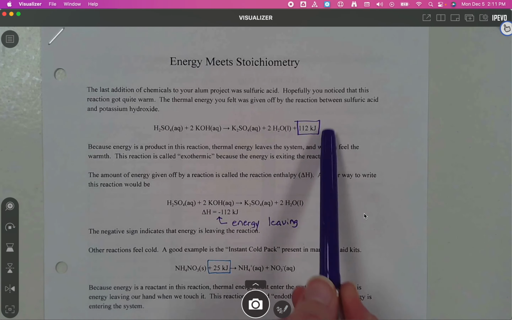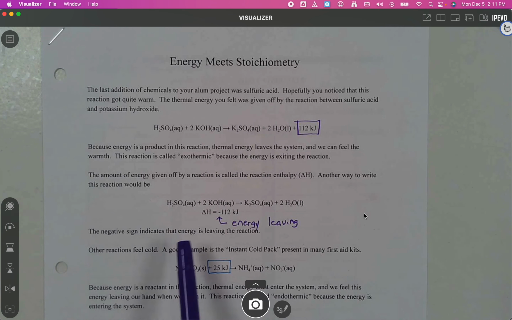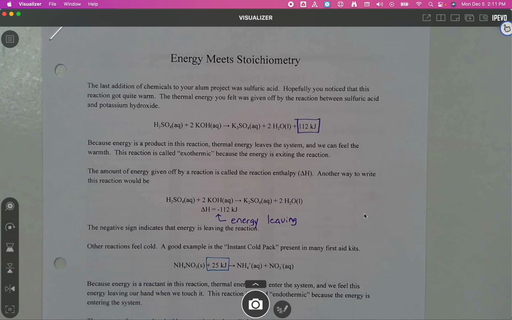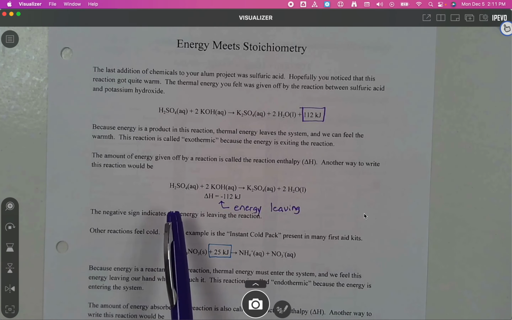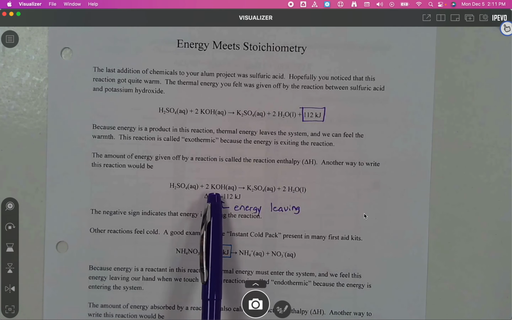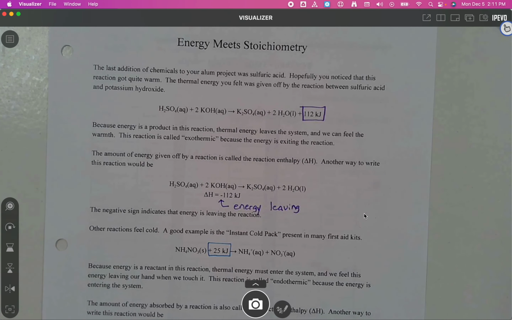So if energy is over here as a product, the delta H, which is something called the reaction enthalpy, and I don't know why they use H, but delta H here is negative 112 kilojoules, basically saying that every time this reaction happens, this reaction being the reaction of 1 mole of sulfuric acid and 2 moles of potassium hydroxide, 112 kilojoules leave the system.